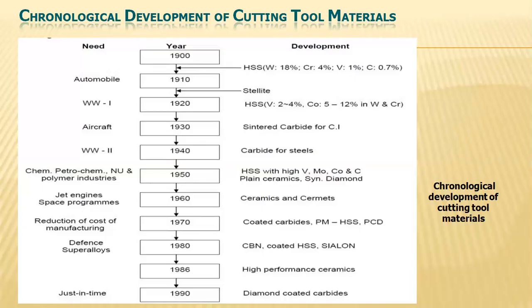And presently PCBN is playing a major role within high strengthened materials, and diamond coated carbides will be released for machining different parts for achieving better dimensional accuracies. This is the chronological development of the tool materials from 1900 to 1990.